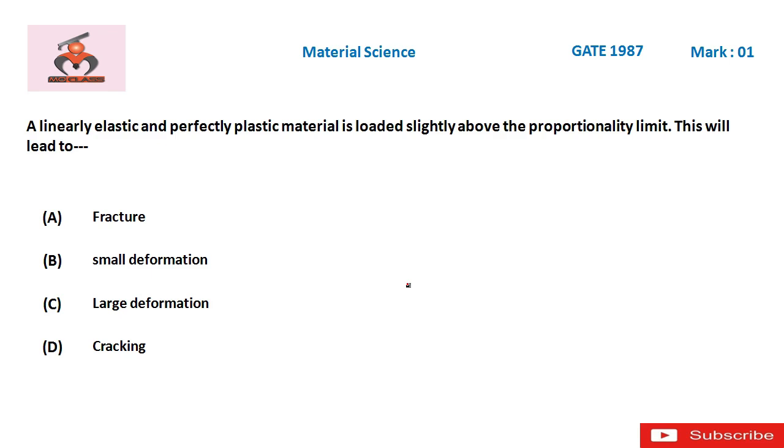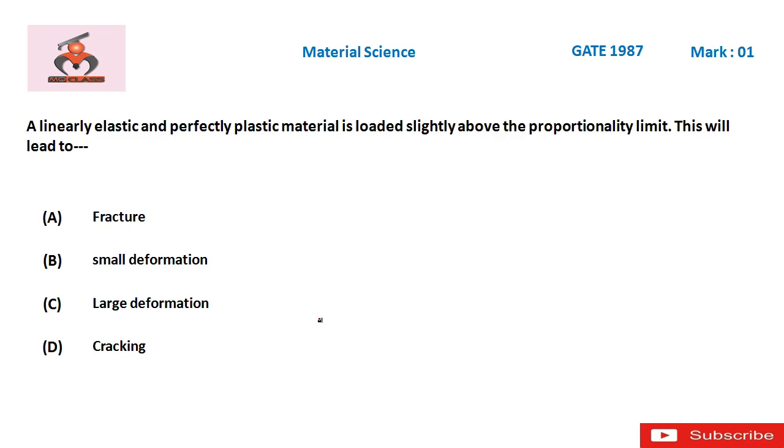The first question is: a linearly elastic and perfectly plastic material is loaded slightly above the proportionality limit. This will lead to: the first option is fracture, the second is small deformation, large deformation, cracking.